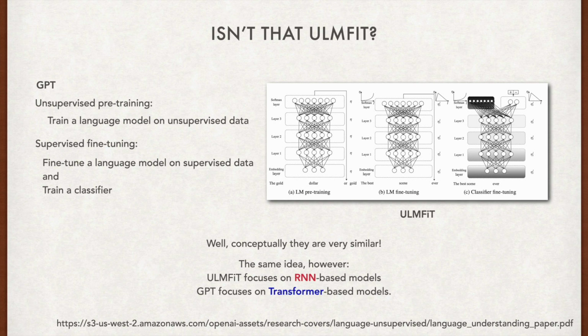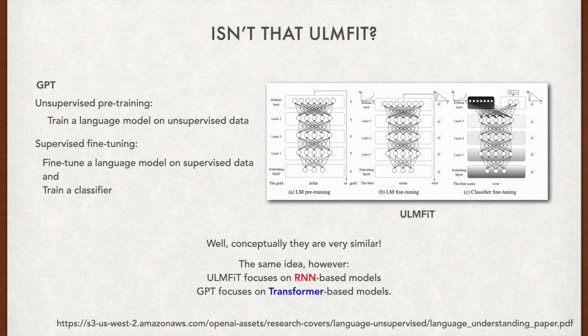In the lecture on contextual embeddings, we introduced ULMFiT, which provided some guidelines on how we can utilize transfer learning from a language model to a classifier. And this is almost the same thing. Both here and in ULMFiT, we had an unsupervised language model pre-training, and then in both ULMFiT and GPT, we have a language model fine-tuning on a supervised corpus, as well as a classifier training.